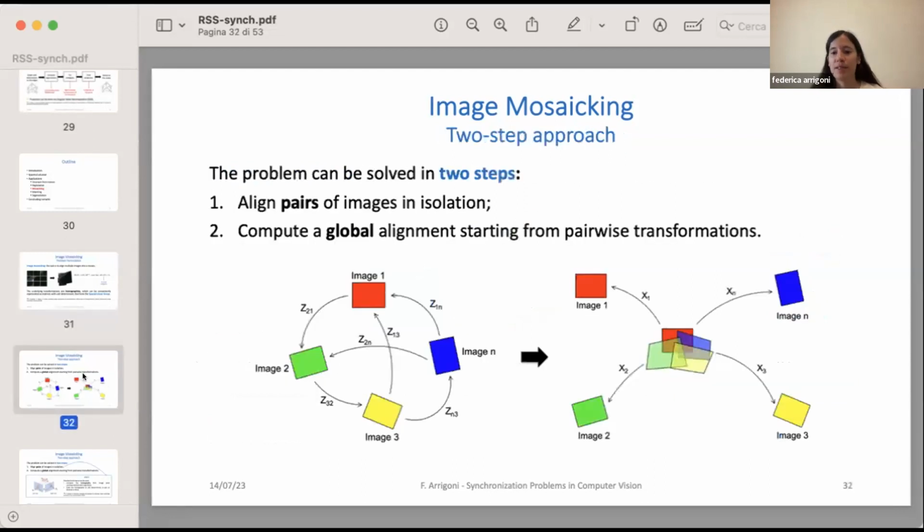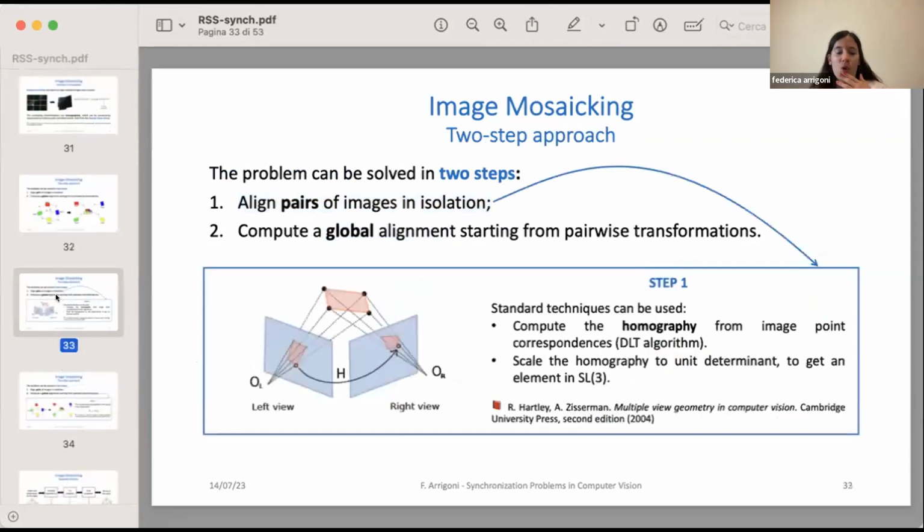As before, the problem is solved in two steps. First, we align pairs of images in isolation, and then we refine this pairwise alignment in order to get a global alignment. Also in this case, the first step can be solved using standard techniques from multiple view geometry based on computing homographies.